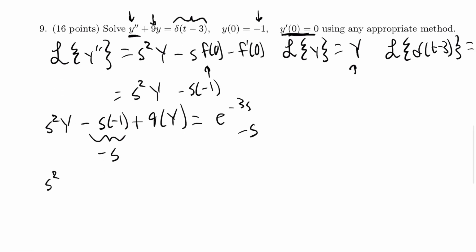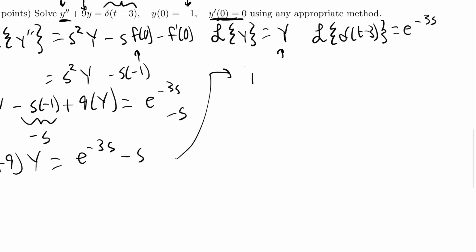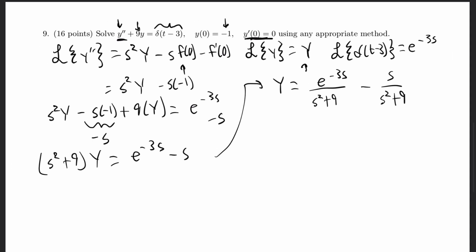We get s squared plus 9, I'm factoring out the terms in front of Y, equals e to the negative 3s minus s. So Y equals e to the negative 3s over s squared plus 9 minus s over s squared plus 9. Awesome. Now all we have to do to conclude this is find the Laplace inverse of big Y, and that's equal to y of t, which we're trying to solve for.